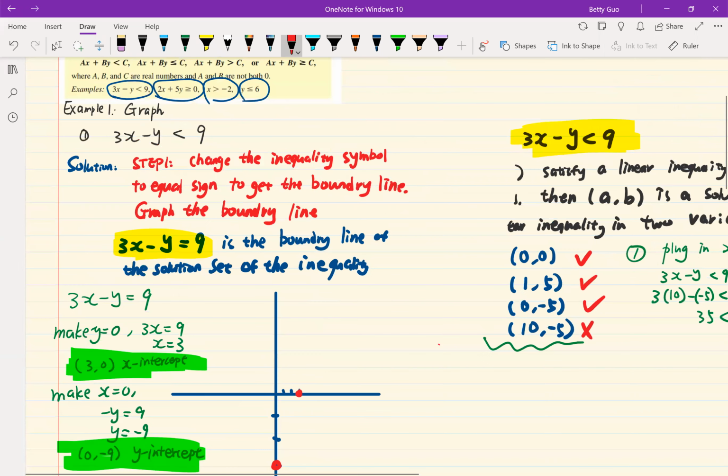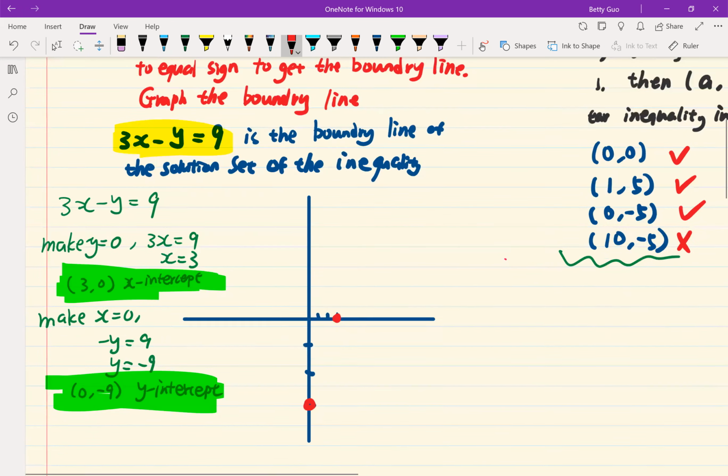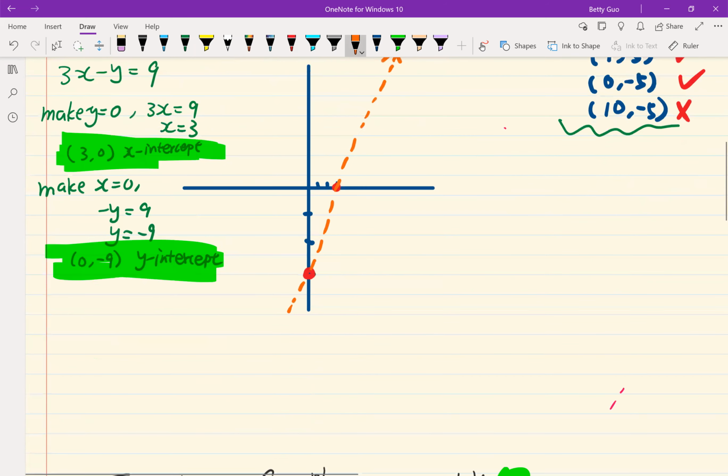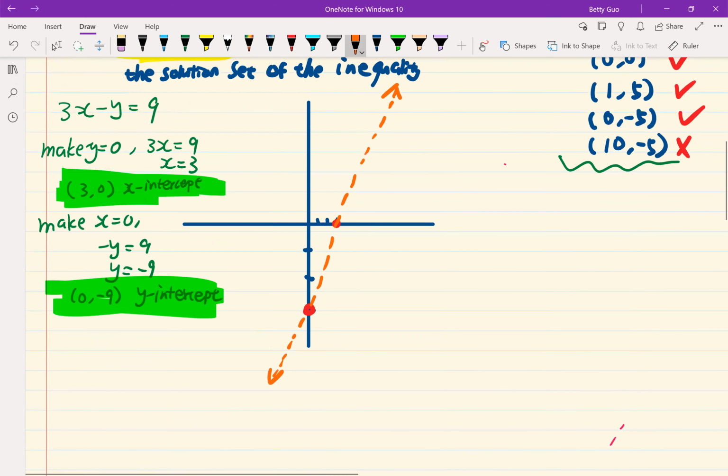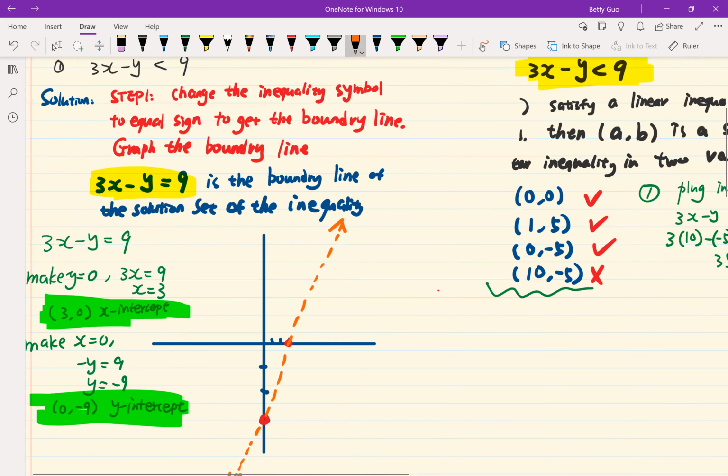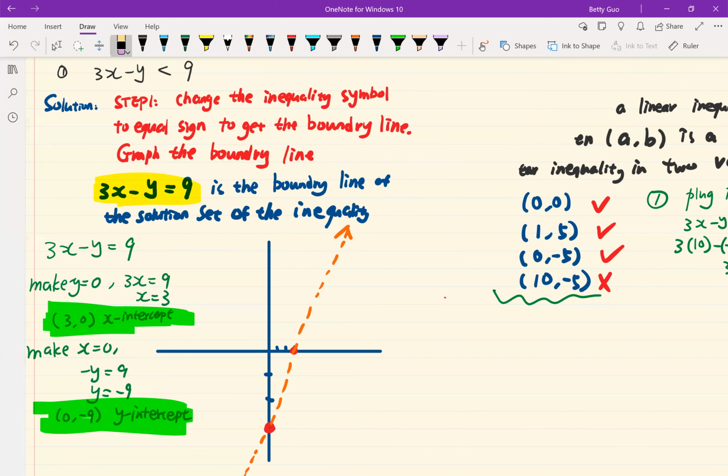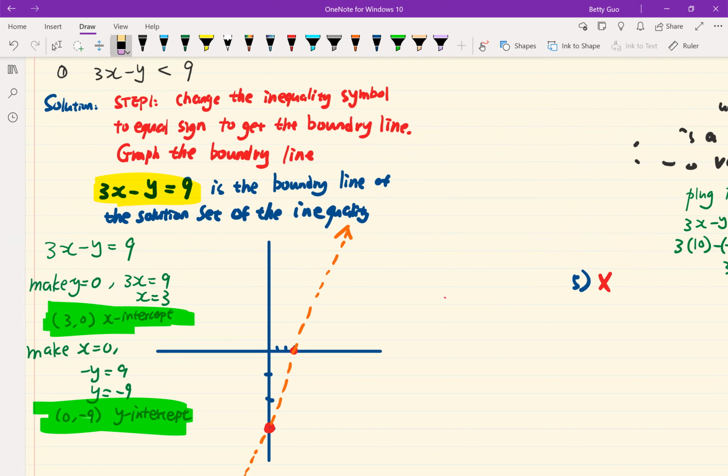Instead of graphing a solid line, I'm going to graph a dashed line. I'm going to explain why. And I'm going to add something to the first step.